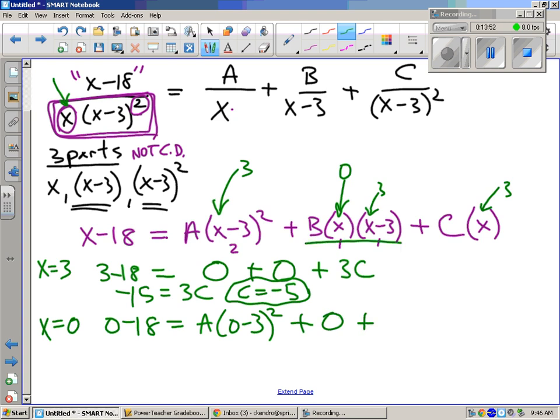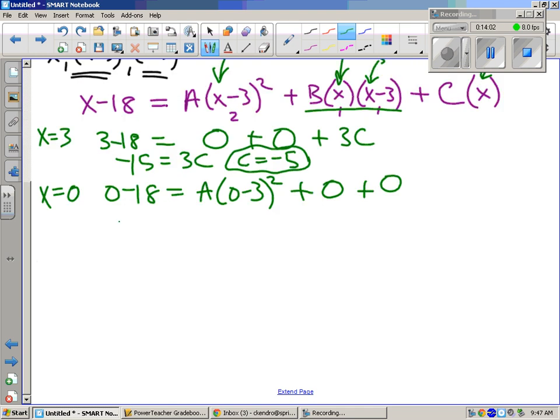And if I put a 0 in here, that will be 0 also. So two things should always cancel out. You should only have one variable left when you're working this out. So I have negative 18 equals negative 3 squared, which is actually positive 9. So I have 9a. So now a equals negative 2. All right, so we've got two of them.